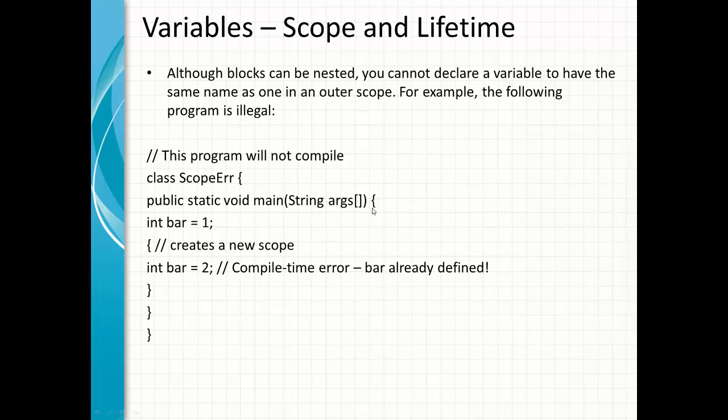So if this is my opening brace for the method main, I define one variable bar is equal to 1 of int type. Now I start another brace and say int bar 2. You can't do that. You already defined that. By just starting a new brace, you still inherit that bar over here. So you cannot initialize it again. You can assign a number, sure, but you cannot initialize it again. So that's our issue.